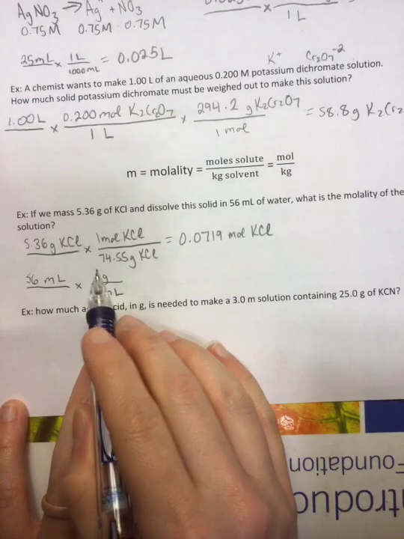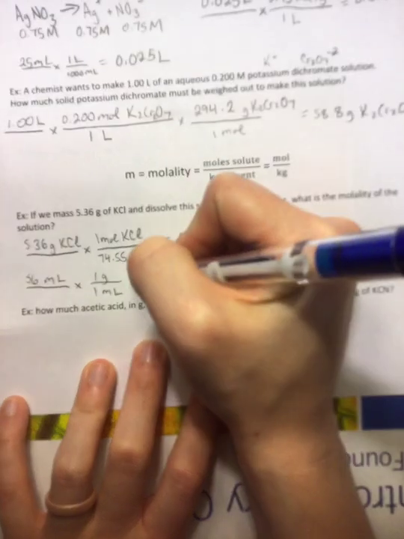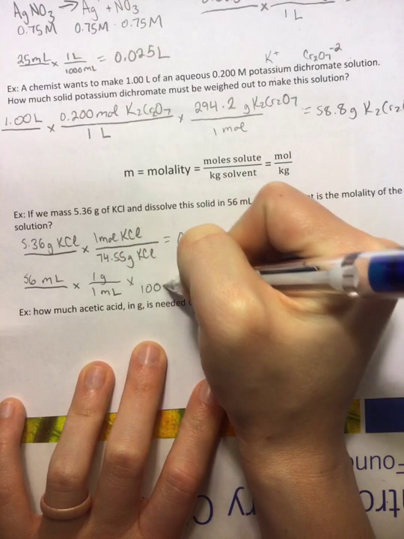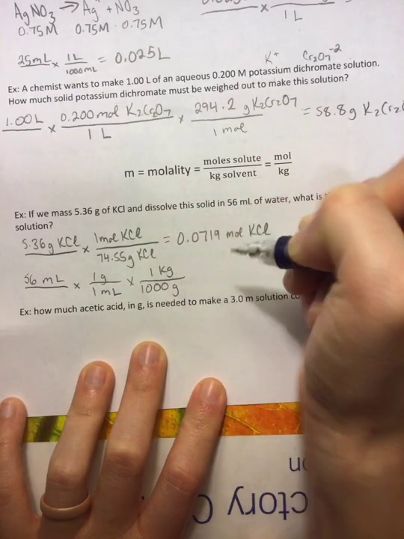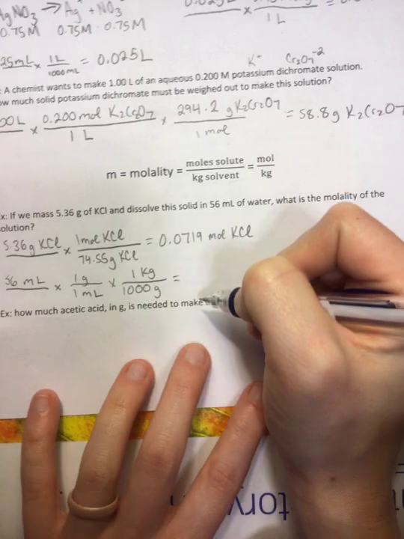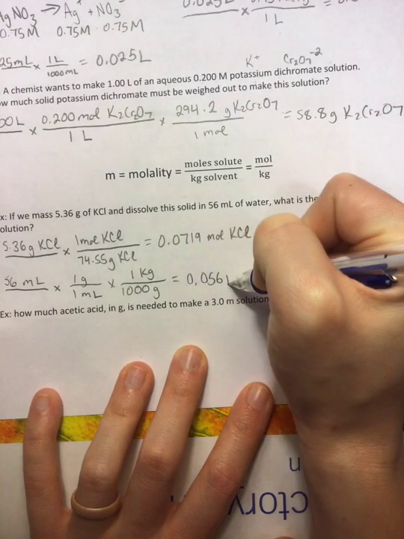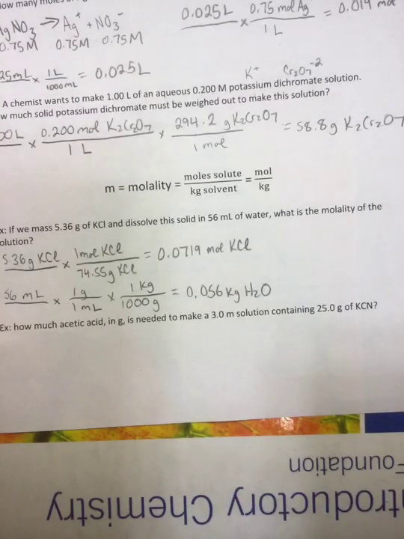You would not be asked to know the density of anything else without it being provided to you. And then after I had grams, I need to convert to kilograms. Kilograms are big. There's 1,000 tiny grams inside of them. And this ends up being 0.056 kilograms of water.